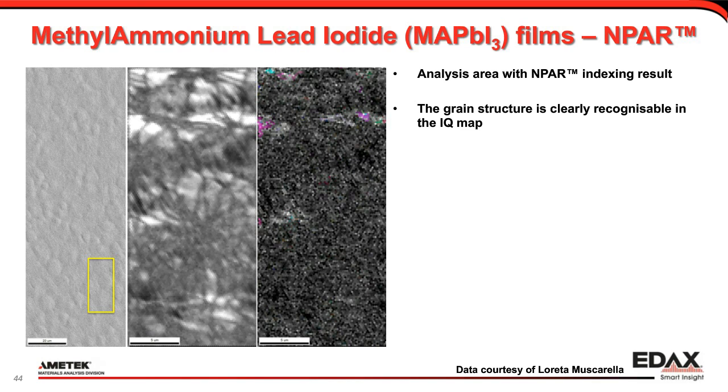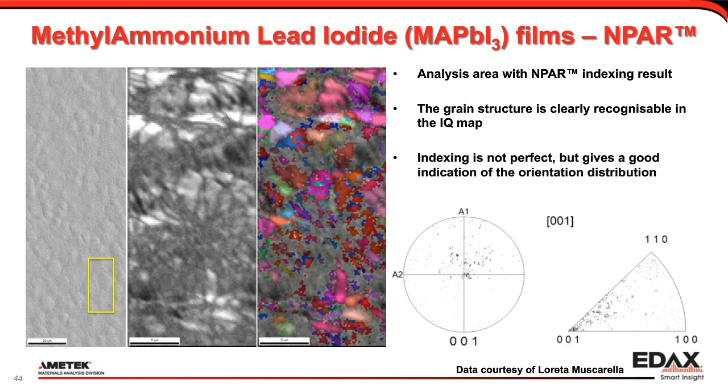But we can actually identify the grain structure now in this IQ map. And if I look at the indexing results, it's not perfect. There are still quite some areas where we don't get information, but we get a pretty good indication of the grain structure, of the orientation distribution of all the grains, and also of the grain size when we are looking at this image quality map.